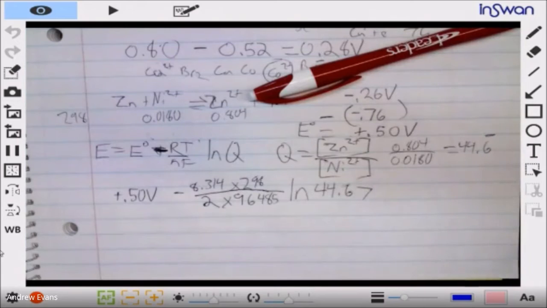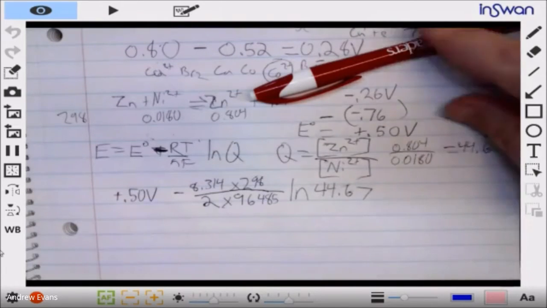So what is the RT ln Q part? 8.314 times 298 divided by 2 divided by 96485 times ln of 44.6.